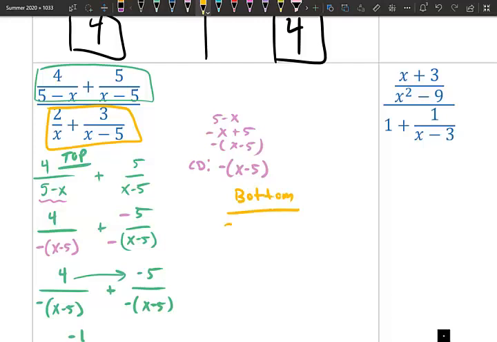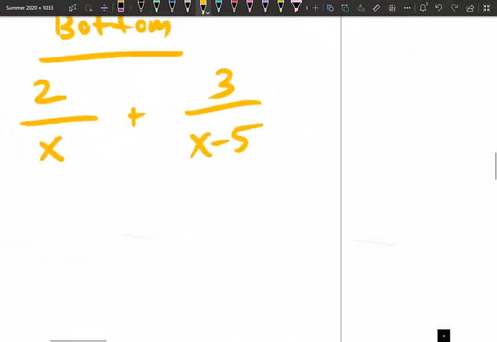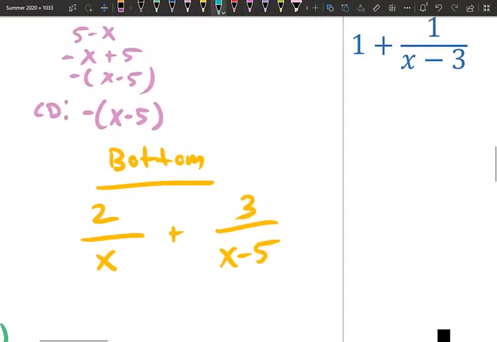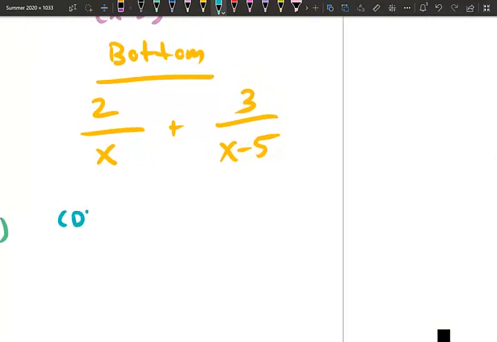All right, so the bottom we have 2 over x plus 3 over x minus 5. We have to add these because it's telling us to add them. So what we're going to do is find the common denominator. The common denominator, just multiply them together. We have x minus 5. From the left one, it's missing x minus 5.